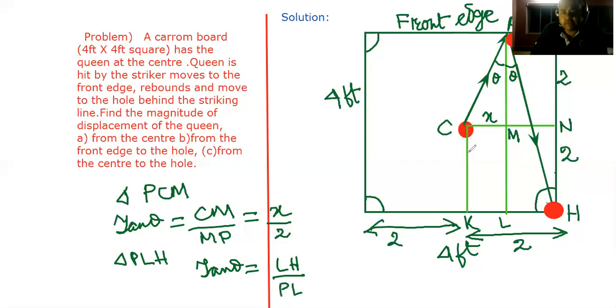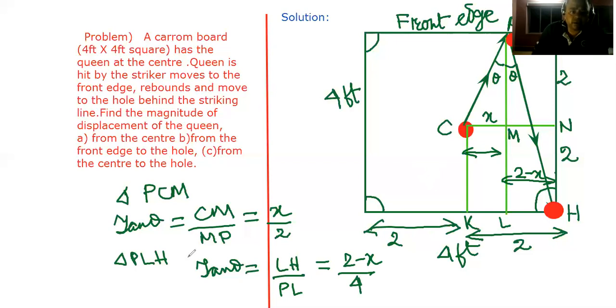Now children, if I consider this to be X, what should be the length of LH, because the total length is 2? I can easily say the length of LH will be 2 minus X. So using this concept, LH is 2 minus X and PL is equal to 4.